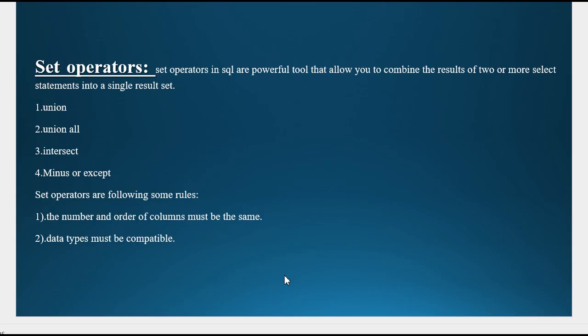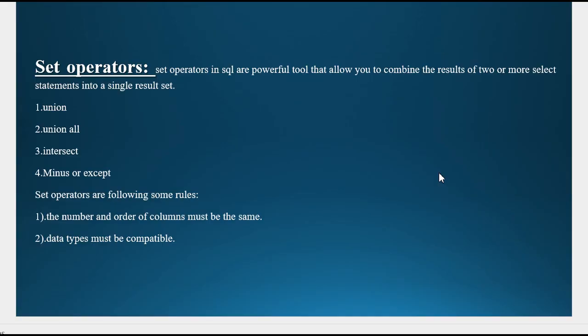Suppose you take banking systems, they use it to combine the savings account customers and current account customers. In e-commerce applications, they combine online orders or offline orders into a single report. In an employee management system, they merge employee lists from different branches using the union operator, and in college databases, they combine students from different departments into one list.